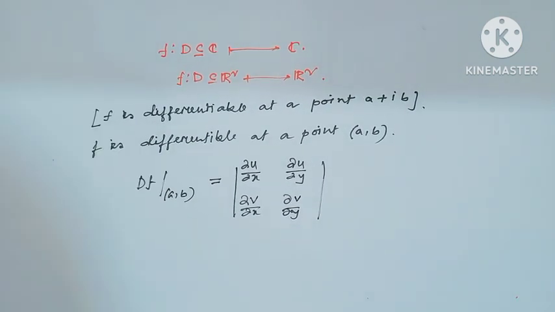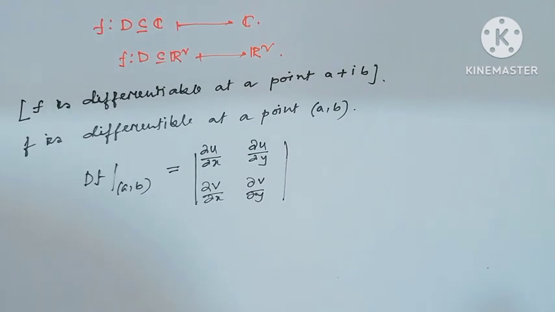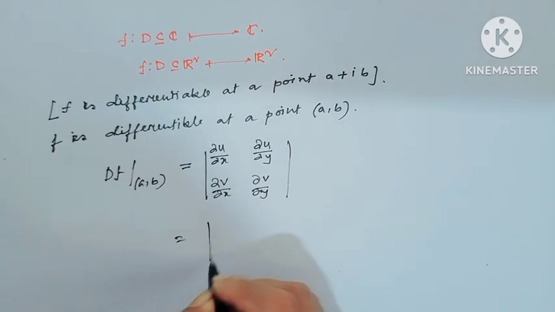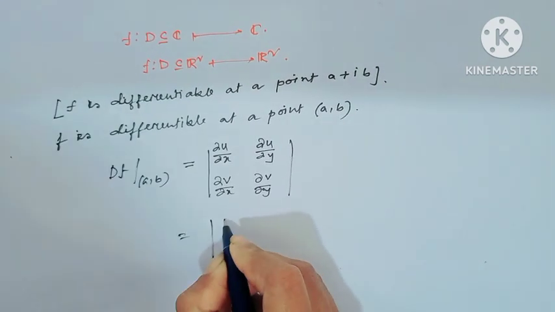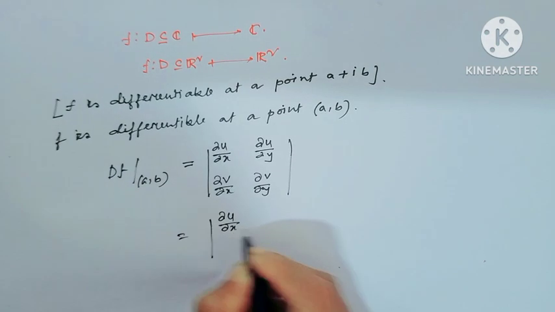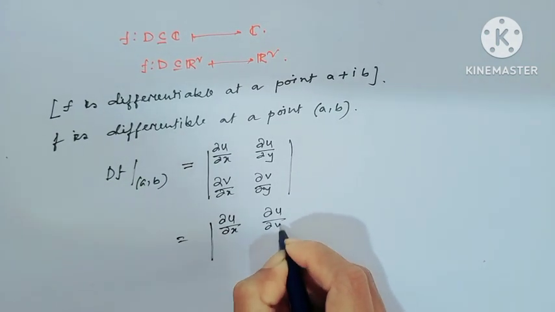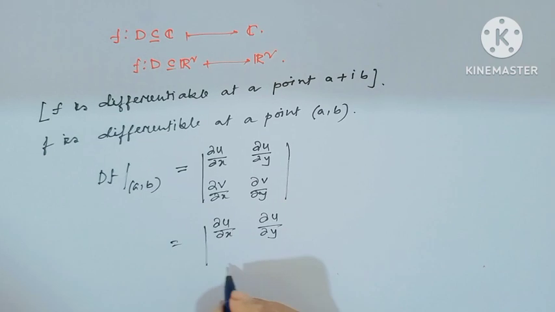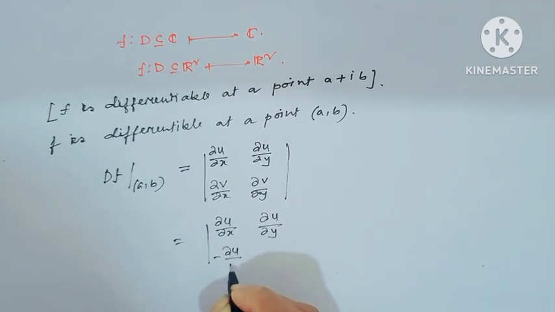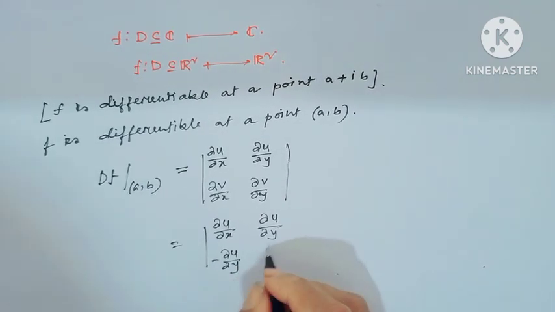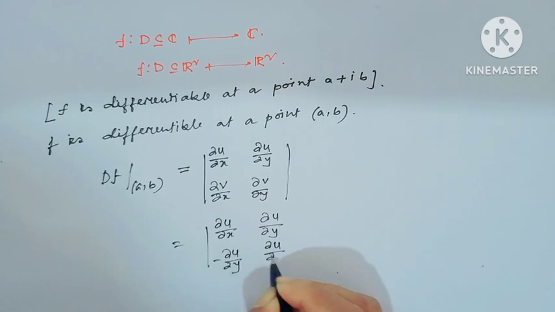And since the function is differentiable, it satisfies the CR equation. Then this would be del u del x, del u del y, minus del u del y, del u del x.